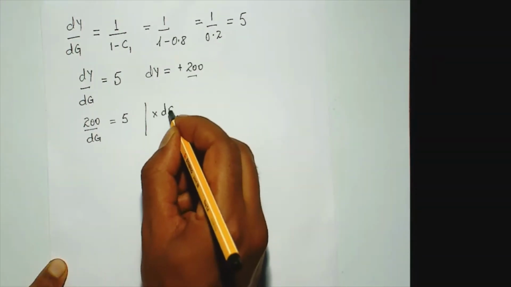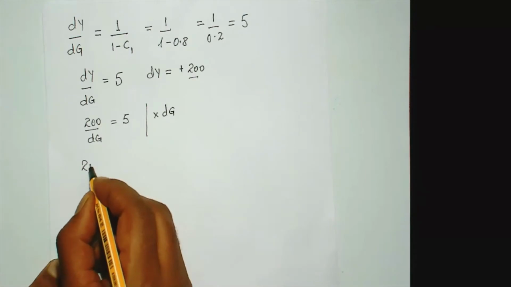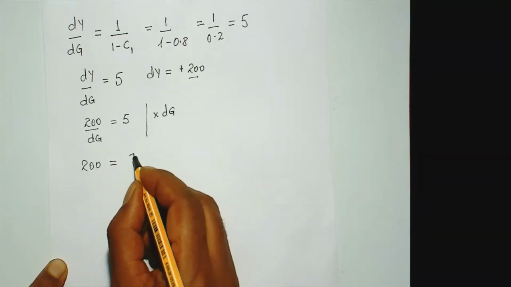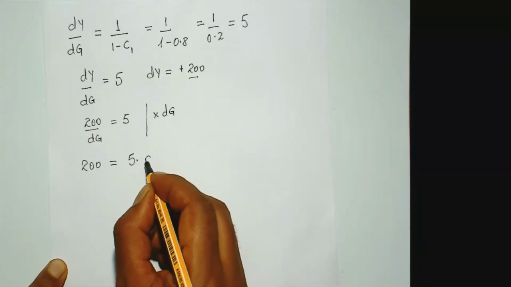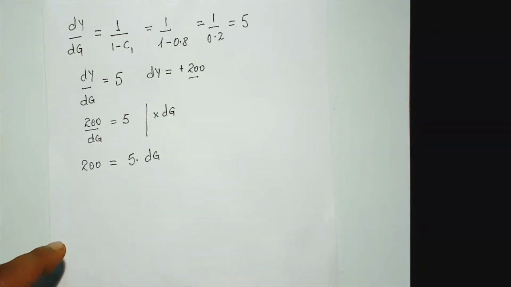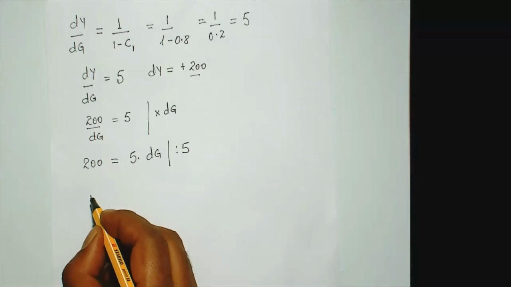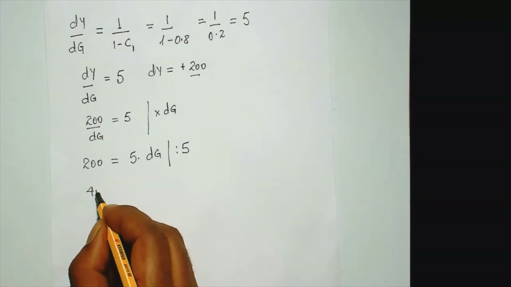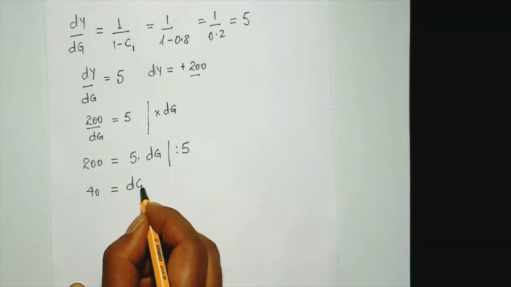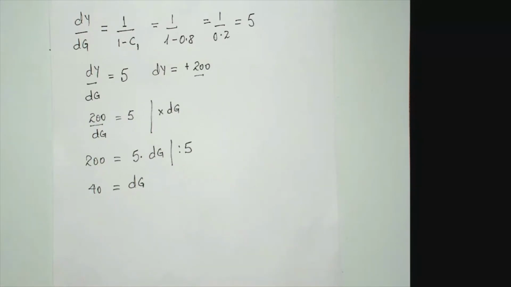If I multiply both sides by dg, I would have 200 is equal to 5 multiplied by dg. And then if I divide both sides by 5, I would have 40 is equal to dg.